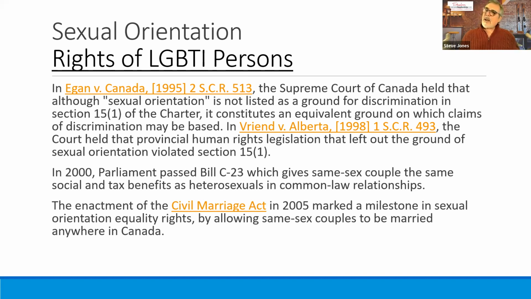So a bunch of rights were given to heterosexual couples with respect to social benefits. And a friend of mine, Doug Elliott, argued a case concerning Canada Pension Plan death benefits and won based upon these same principles. Then it got written into the law later on and was specifically defined in statute.